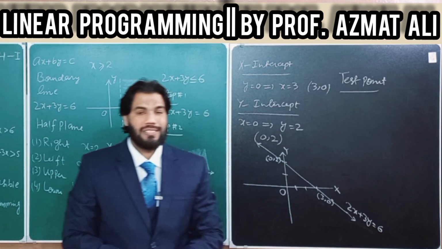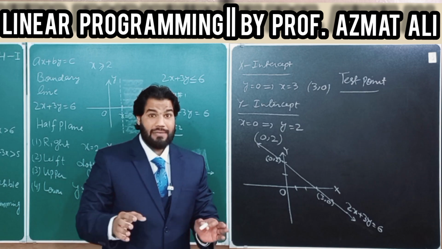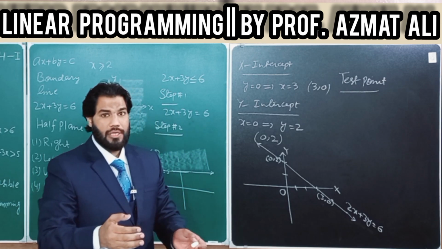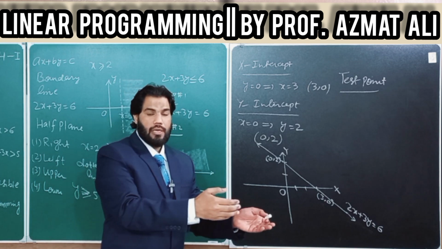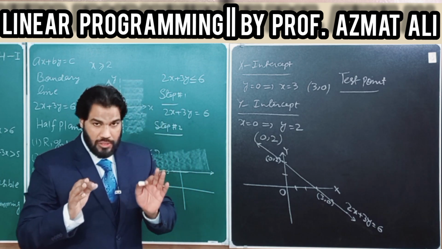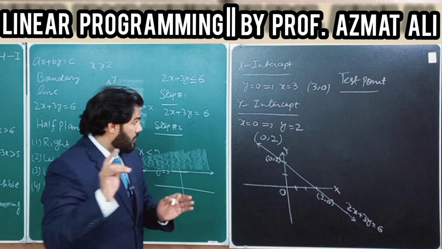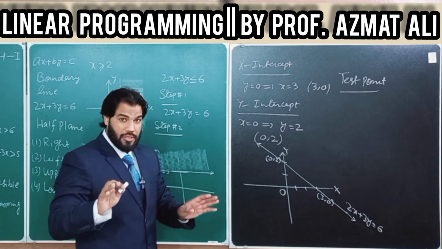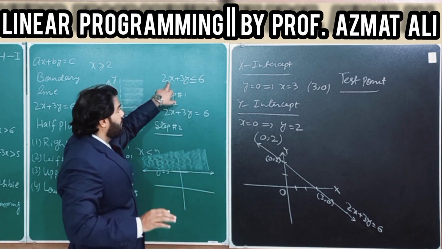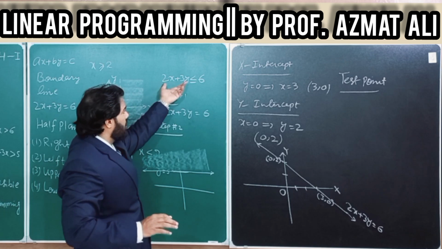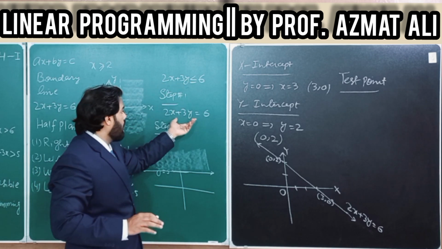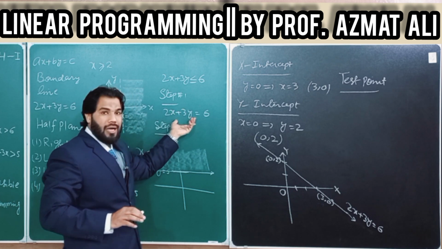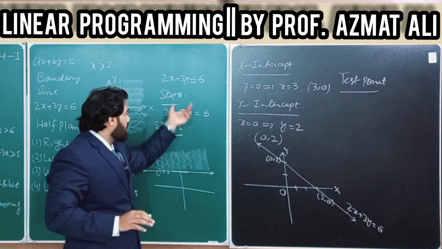A test point is actually a point that determines the direction in which the graph of the linear inequality lies. First important point, a test point is a point that will not lie on the given line, or that will not satisfy the associated equation of this linear inequality.